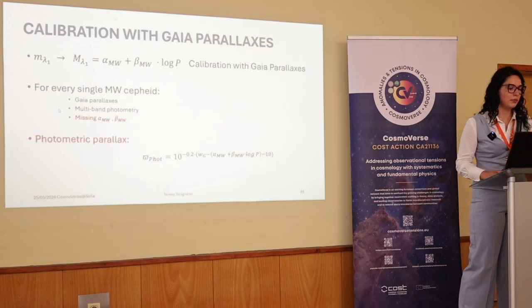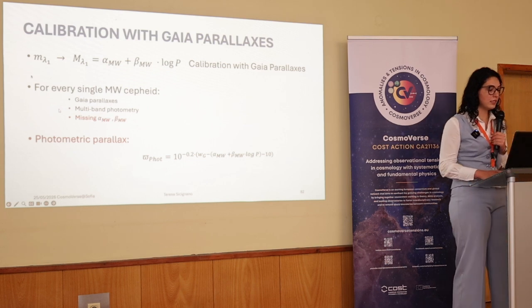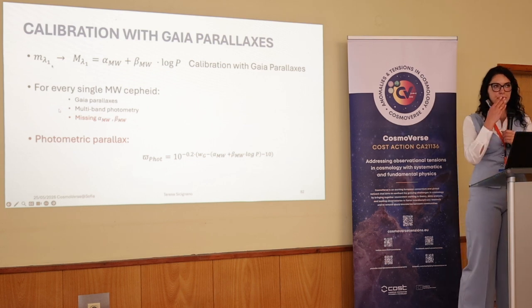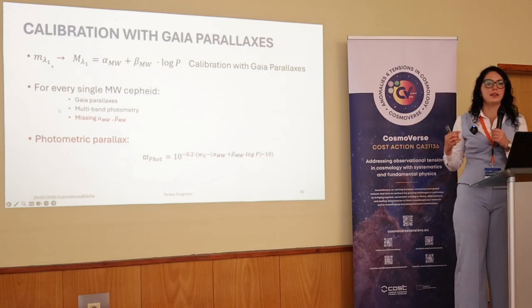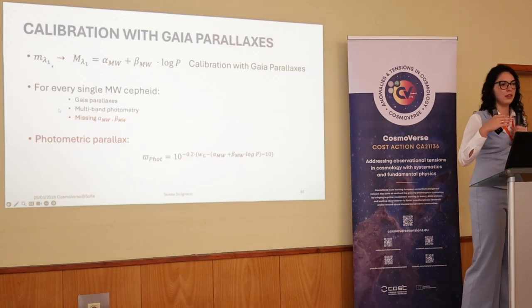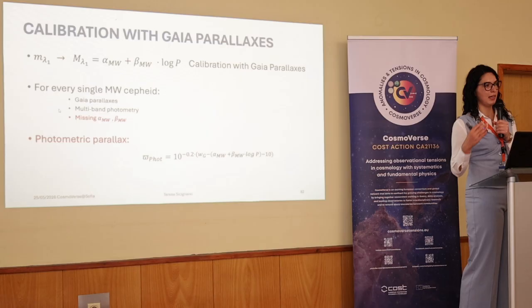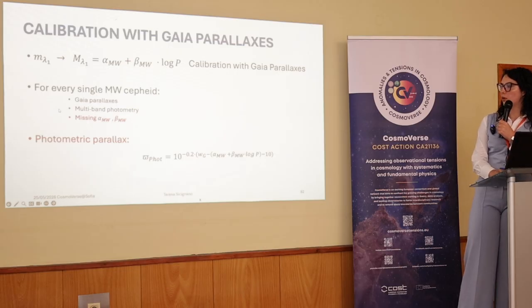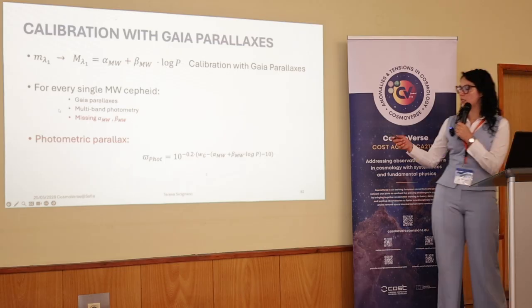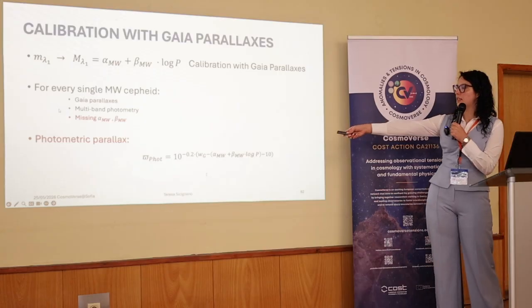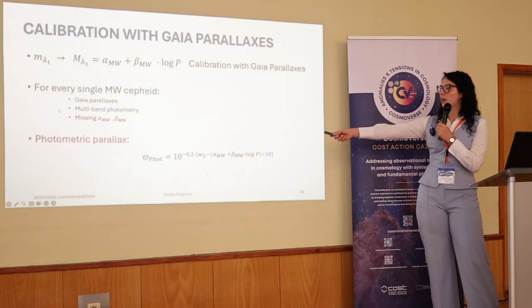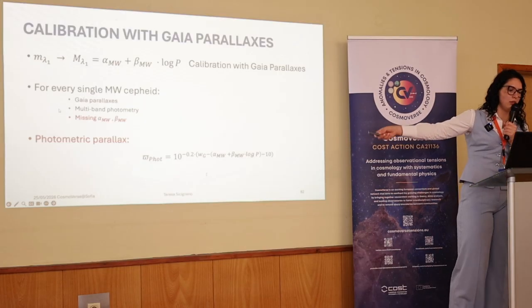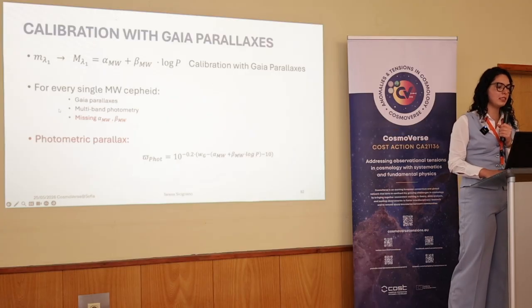If we want to use the method of photometric parallaxes, we have the Gaia parallaxes and we can calculate a photometric parallax that is linked to the observable quantities, because this is the Wesenheit in the Gaia band, which we know only if we know the magnitude in the Gaia band, and this is the period.